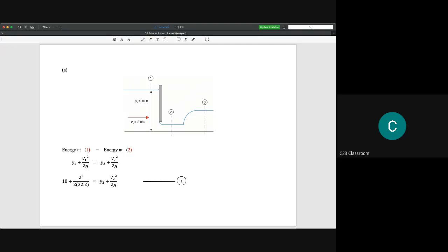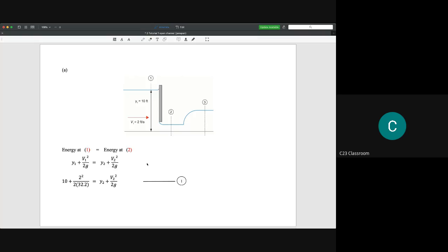So we use the equation y plus v squared over 2g. This equation actually comes from the Bernoulli equation, which is P over rho g plus v squared over 2g plus z. Because the atmospheric pressure is equal to 0, we are calculating in gauge pressure. Please make some revision about gauge pressure and absolute pressure.